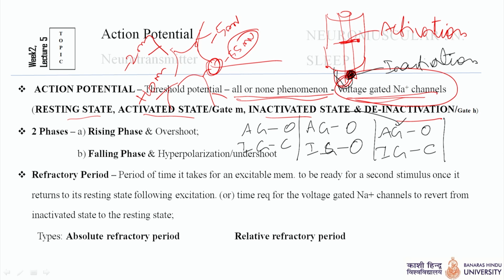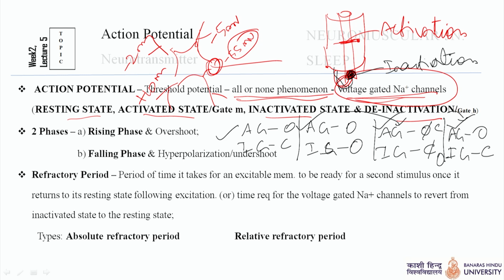And then in the de-inactivation state, it goes back to its original position. So the first is the resting state, then the activated state, then the inactivated state, then the de-inactivation state.